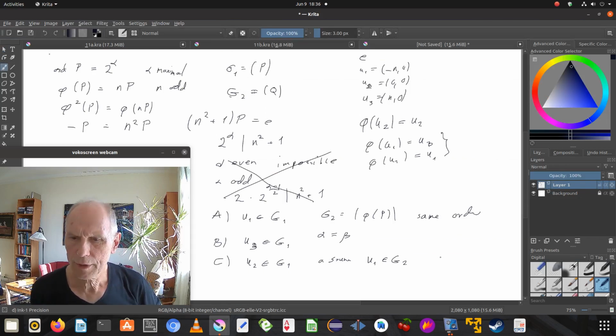And of course we'll then have that U2 lies in the sum, as well as in phi of G2.